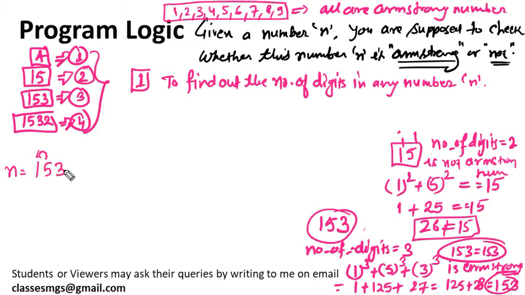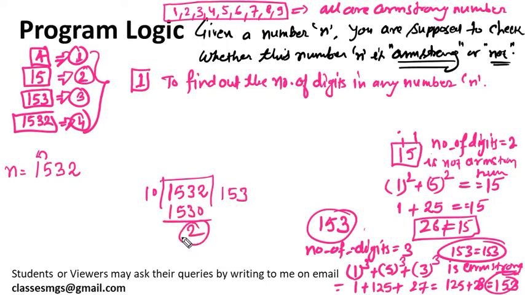Let's take this number 1532. If you divide this number by 10, you will get a quotient of 153 and the remainder will be 2.